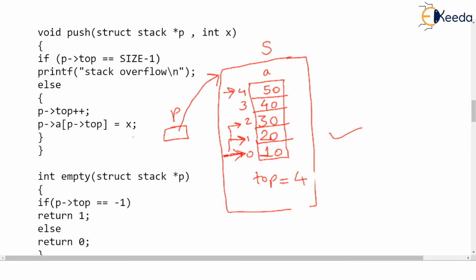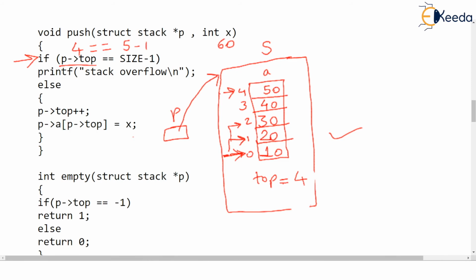Now listen, this array is full now. There is no room for a new value. And what if you call this push function for pushing 60? You want to add one more value, 60, in this stack. But then first we have put an if statement here so carefully, where we ask what is P arrow top. Just check, P arrow top is 4. And is it equal to size minus 1? Size minus 1 is 5 minus 1, which is 4.